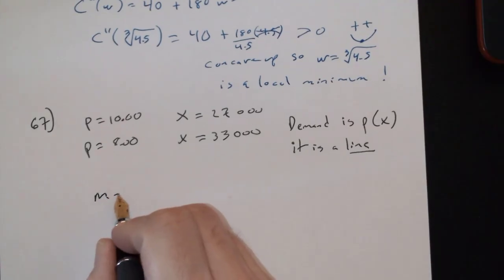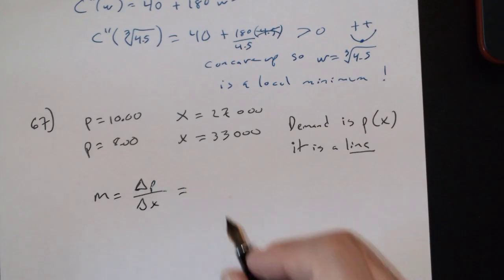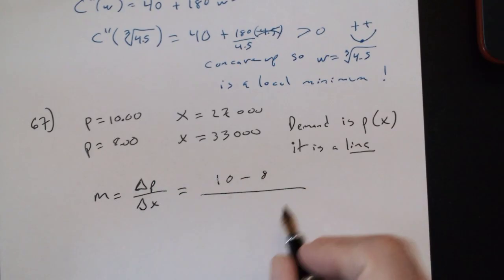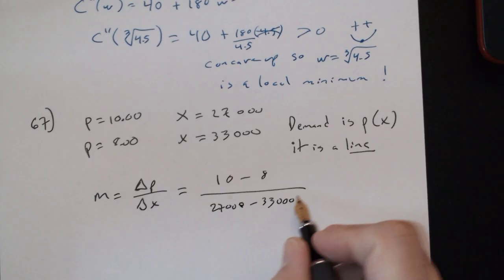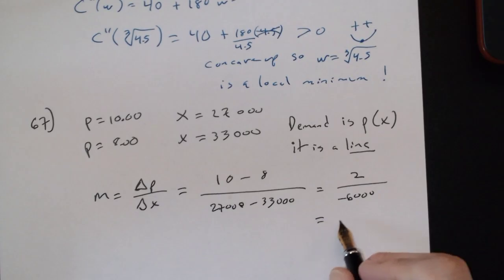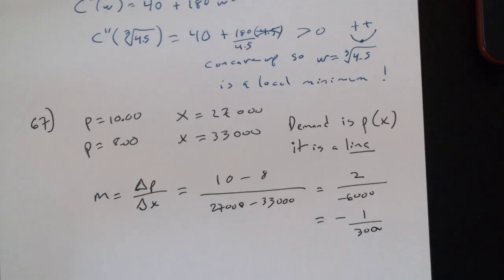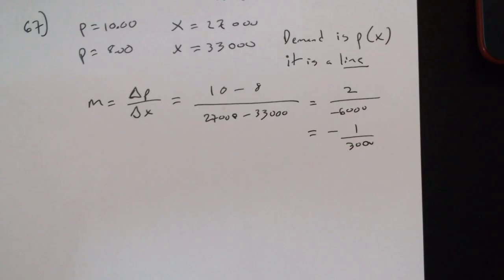The slope, change in P over change in X, is a very, very small negative number. If I make the price cheaper, more people come. Makes sense.